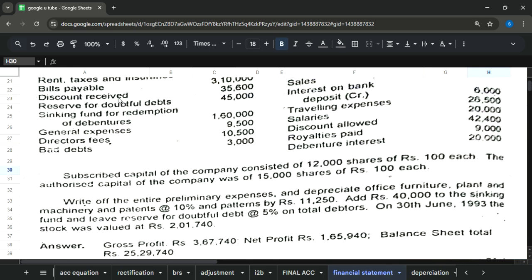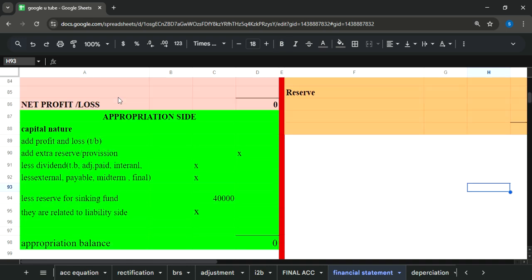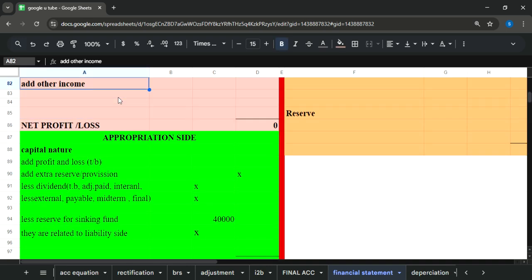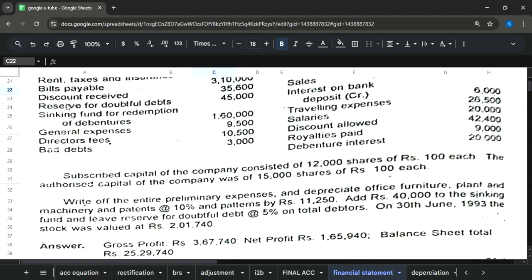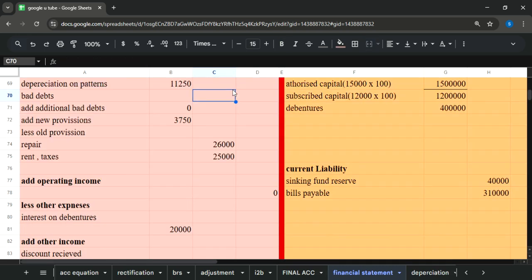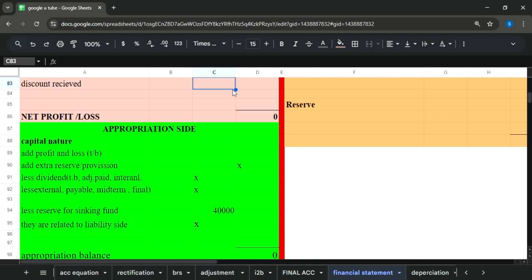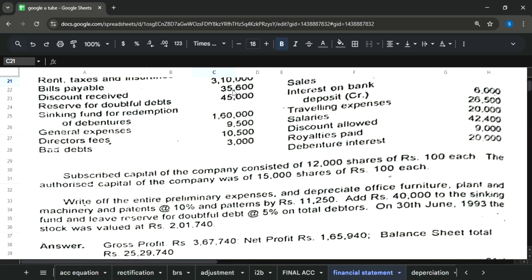Alright, next is discount received. We'll go to operating income. Other income, here you will mention discount received, and amount of discount received is mentioned 35,600. Write down this amount in front of discount received in other income.